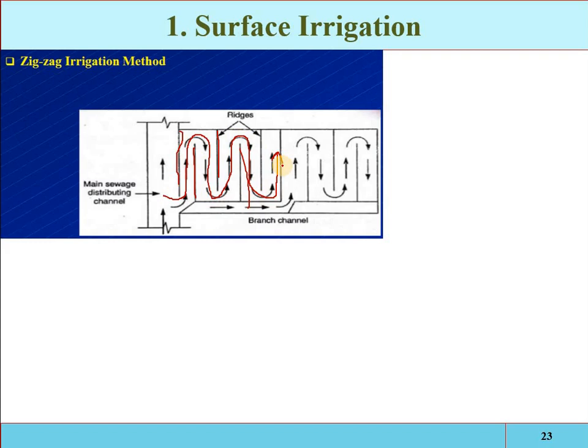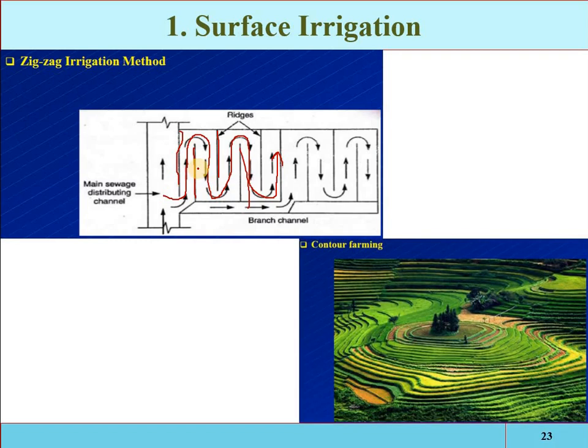So it is a special method of flooding where water takes a circuitous route before reaching the downstream of the plot. The whole area is divided into a number of square or rectangular plots, and each plot is then subdivided with the help of low bunds or levees. Here you can see. Also, one of the contour border irrigation methods is called contour farming.